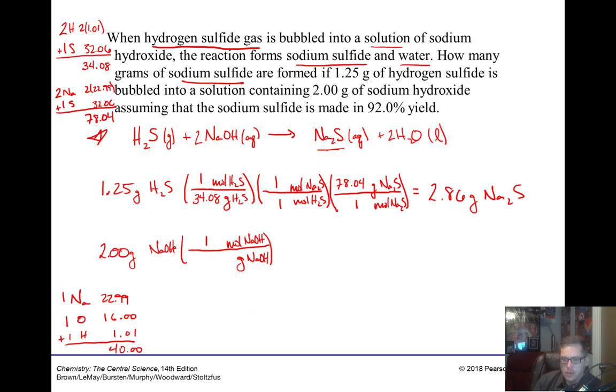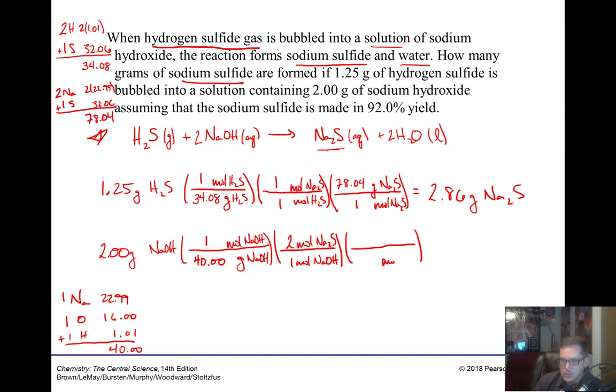So 40.00. Now we're going from moles of sodium hydroxide to moles of sodium sulfide. That's going to be 2 for every 2. We get 2 moles of sodium sulfide for every 1 mole of sodium hydroxide. Then we need to convert it into grams of sodium sulfide.